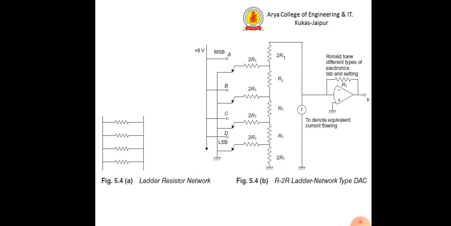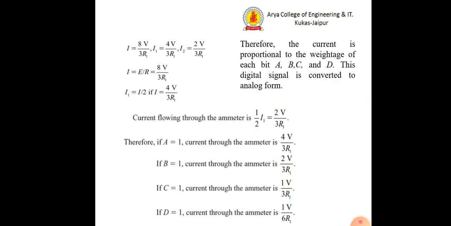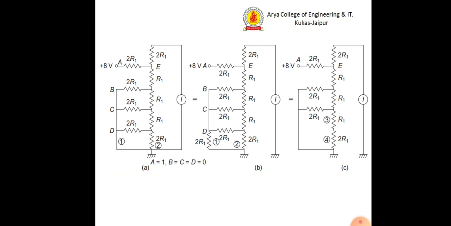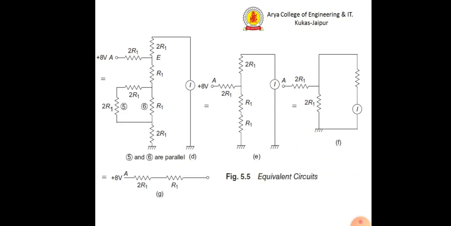The equivalent circuits are shown in diagram 5.5 A to G. This is how the equivalent circuit will look, and these circuits can be used for simplifying and analyzing the circuit.